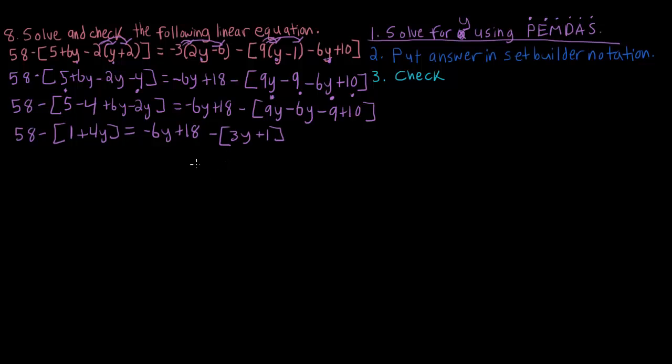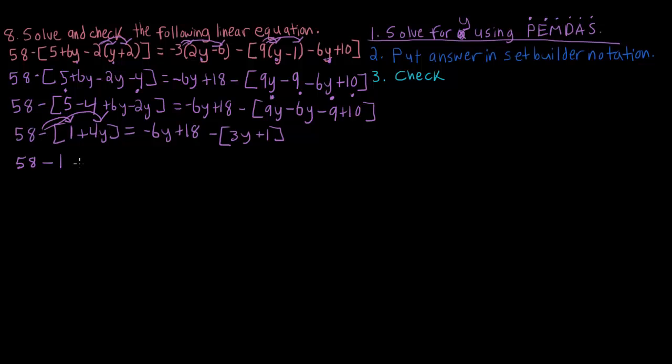Okay, now here's an important step. Right here with these brackets, you have to distribute the negative sign to both terms inside the bracket. It's easy to mess this up, so we want to distribute just the negative sign. So minus times 1 is just minus 1.